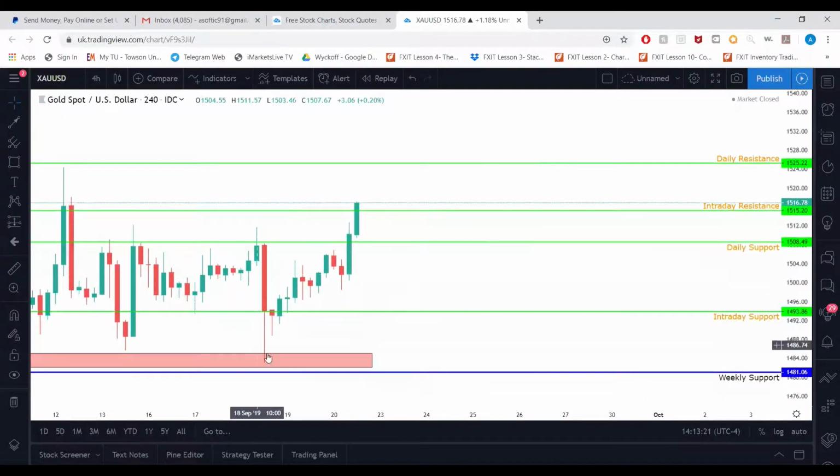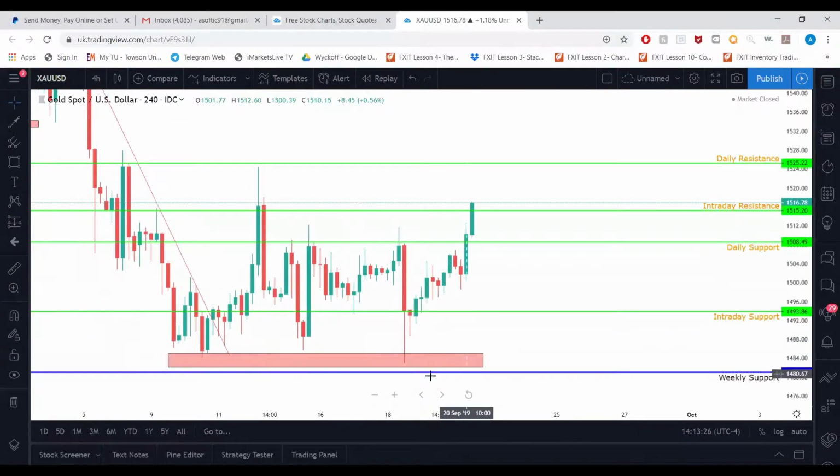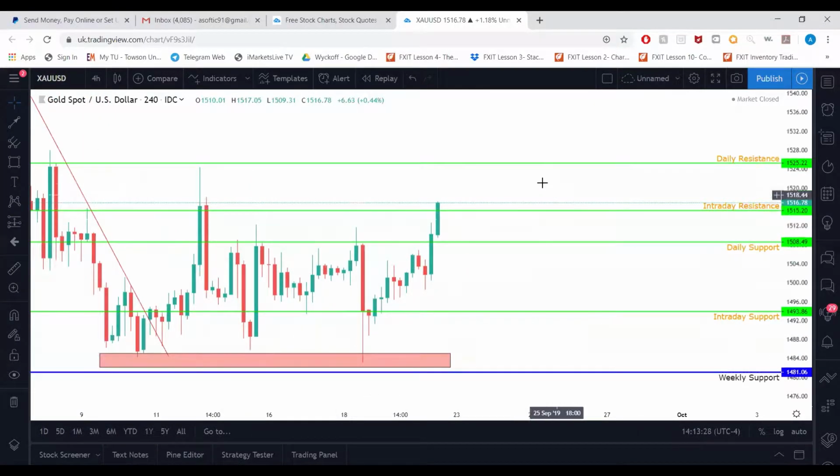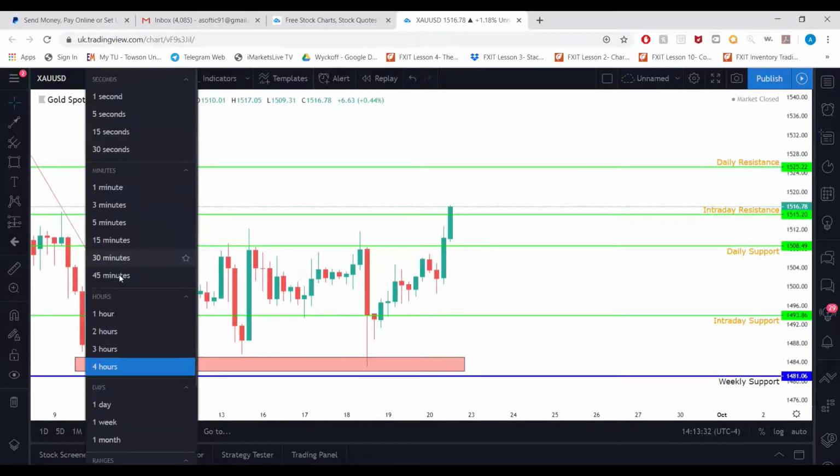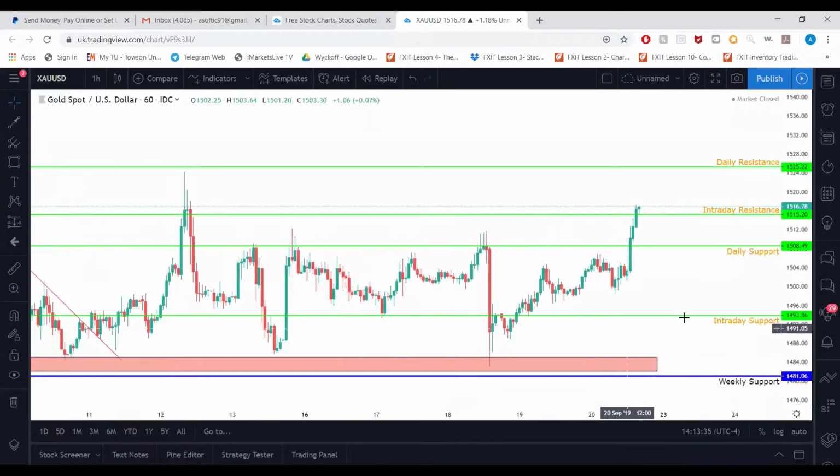So essentially what gold has done the last two days, mainly the last day, which was Friday, is that this strong wick rejected this liquidity zone, which is also around our weekly support, and then we have seen another reversal. If I'm looking at this, I always go on the one hour, right?